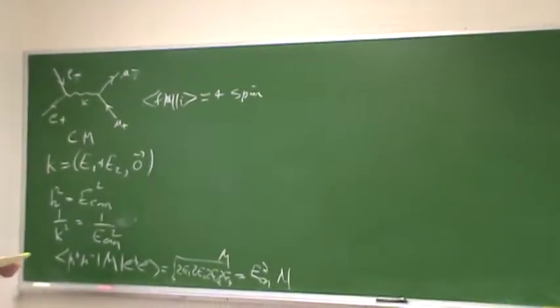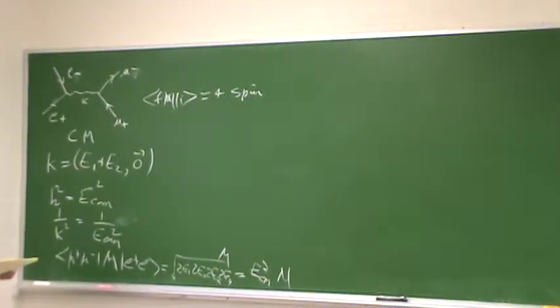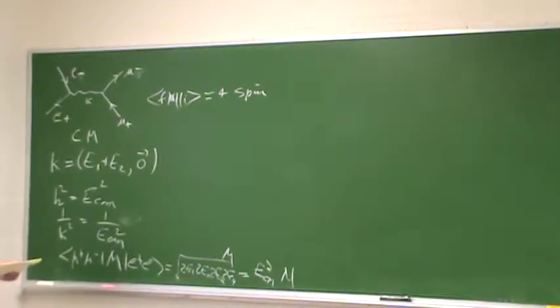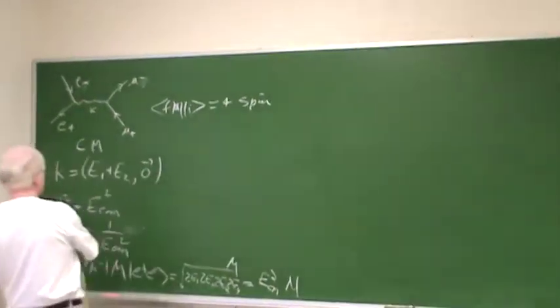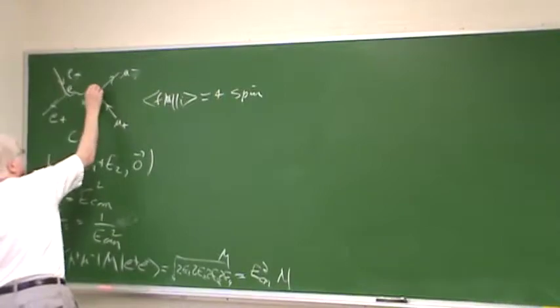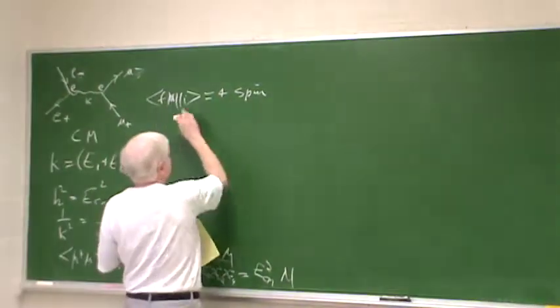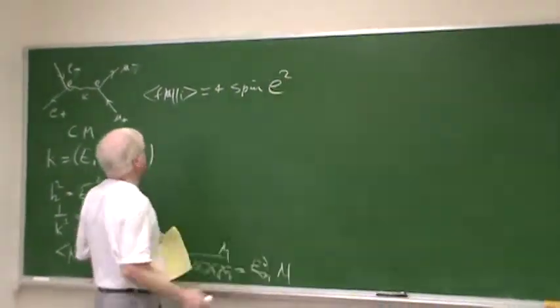And here we're going to be very casual. Well, there's also a factor of E to the 4th because of the coupling constant. You have an E here and an E there. And so in the matrix element, it's going to be E squared.